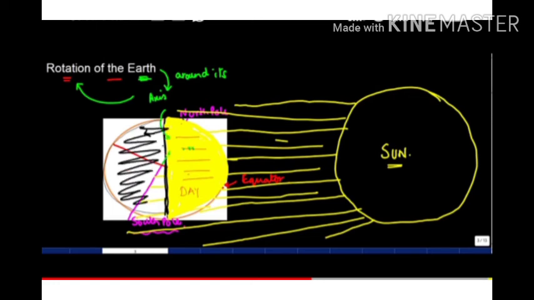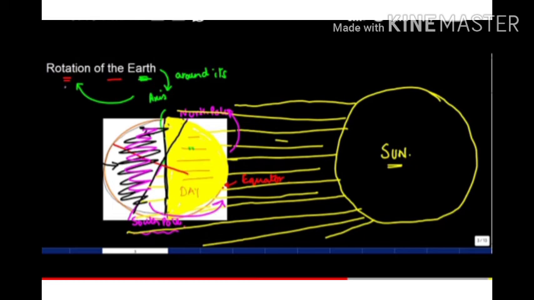Due to the earth's rotation around its own axis, as the earth moves from west to east, this portion is gradually going to go this side, and then the portion where the day was not there is going to come and face the sun, and when it faces the sun, it will have day here.